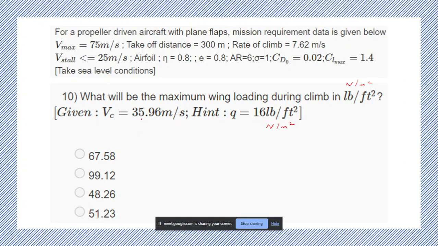So we had the climb equation, it was quadratic in wing loading. Do you remember that equation? Yes, that is the one. Let me just write it down.